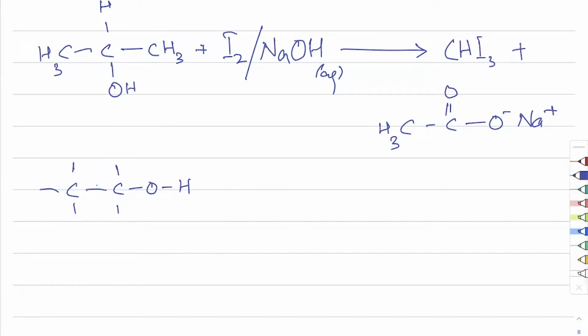So in the one above, won't both of them get replaced or only one? Only one takes part in the reaction. Because look, once it has reacted, after that the OH goes away. So there's no OH present to help facilitate it for the second one. Oh, okay.